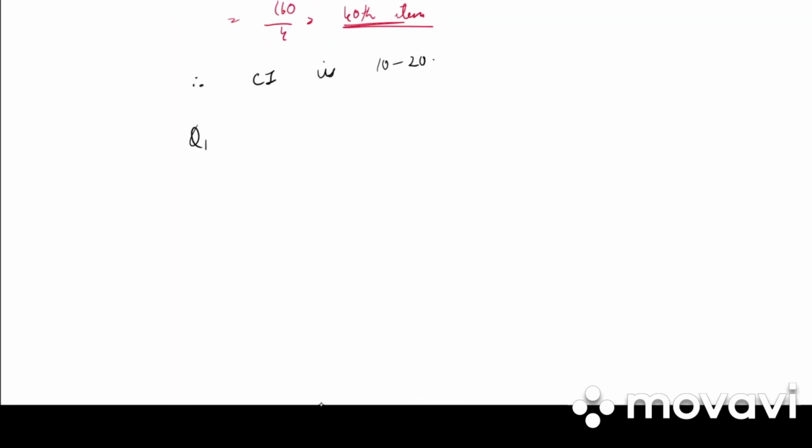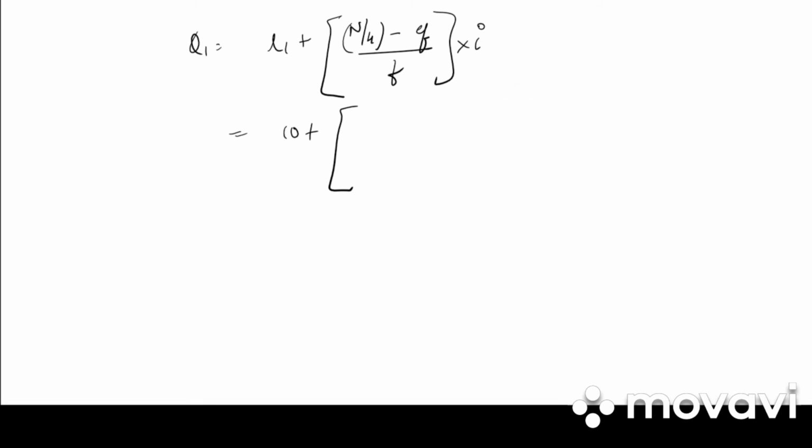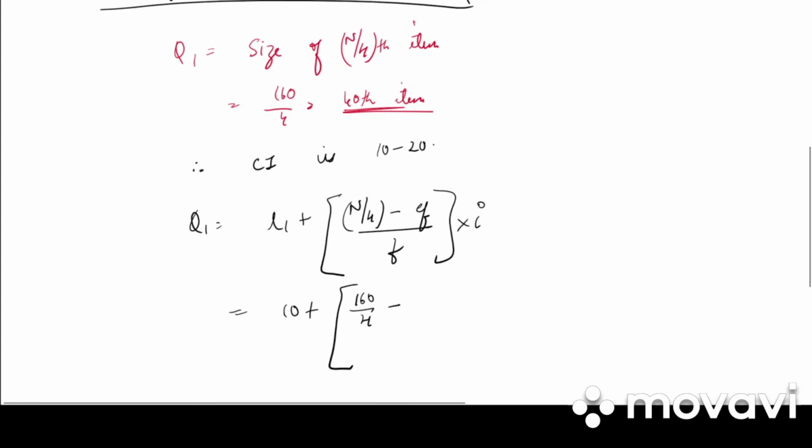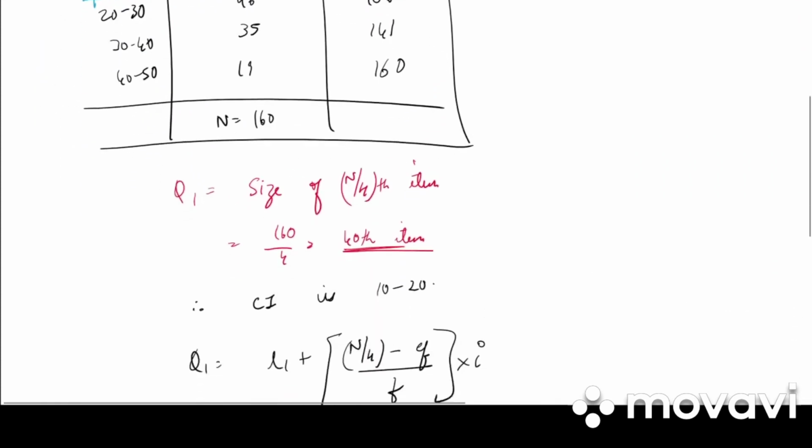What is the formula? Q1 is equal to L1 plus n by 4 minus CF divided by F into I. L1 is 10. N by 4, how much did we get? 40. Or you can write 160 divided by 4. What will be the cumulative frequency before that? It is 22.